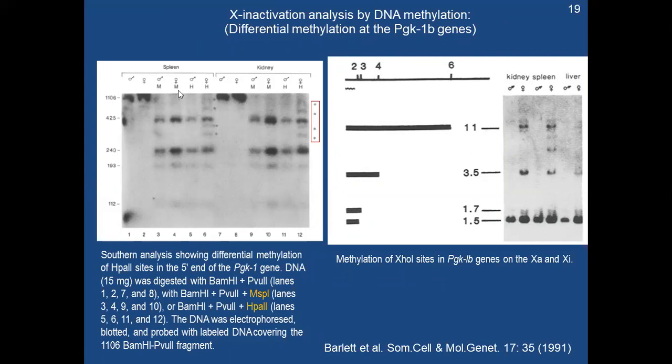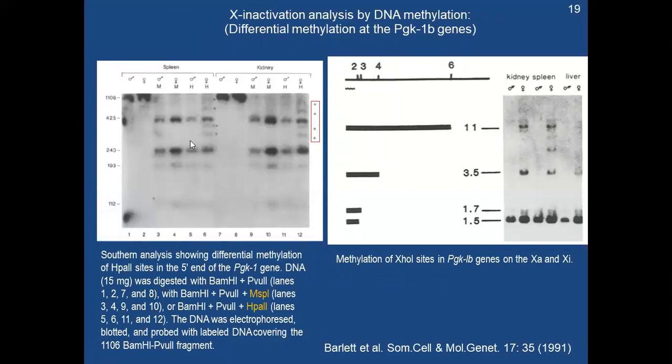The experiment on the left is an old experiment, and it is the digestion of DNA with restriction endonucleases, analysis on an agarose gel electrophoresis, and blotted and probed with a given probe. So this is Southern analysis.